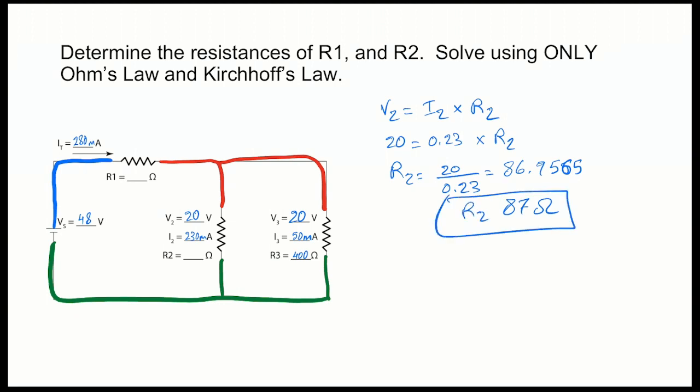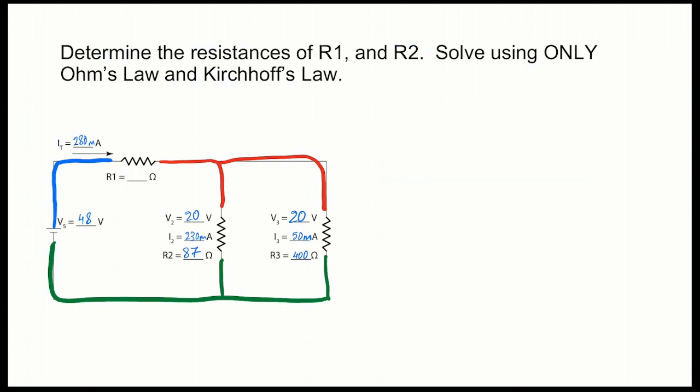So now we calculated R2, we're left with the calculation of R1. Let's put in 87 ohms here and see how we're going to calculate R1.